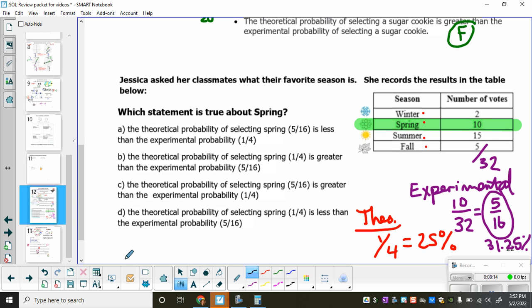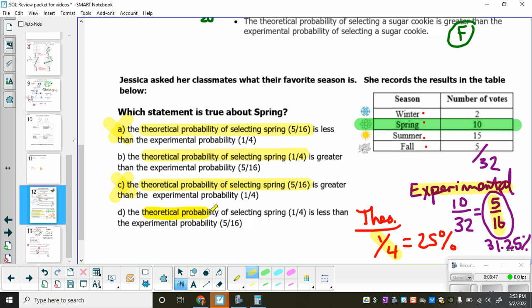All right, so now let's go through and try to find which one says that. What we first care about is that the experimental should be the 5/16. Now, this says the theoretical is 5/16. So automatically, we're going to knock out A. Now, B does appropriately assign theoretical to 1/4, so that's still in the running. But look at answer choice C. It says the theoretical probability was the 5/16, so C is out of the running.